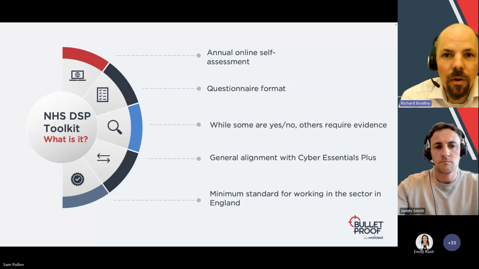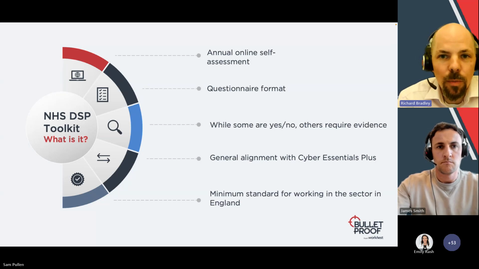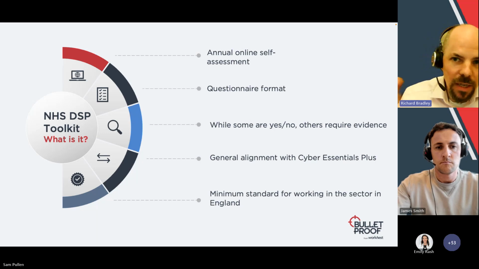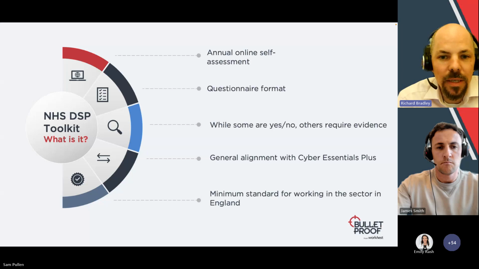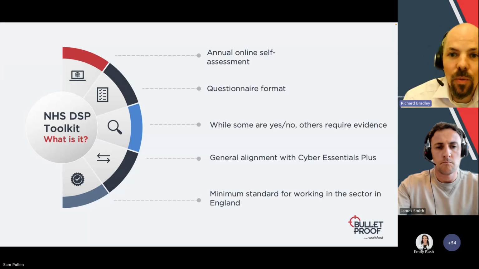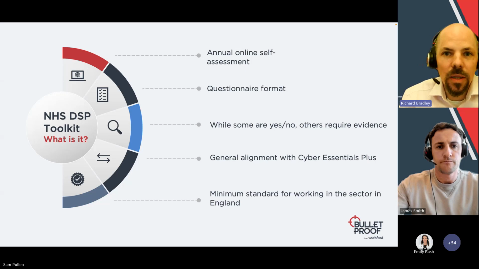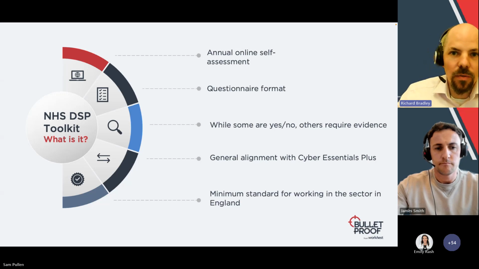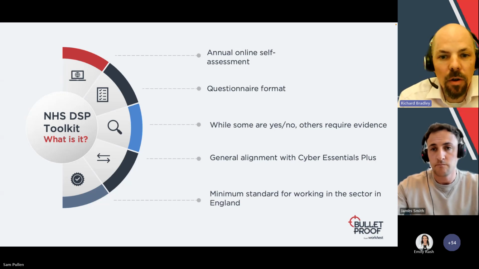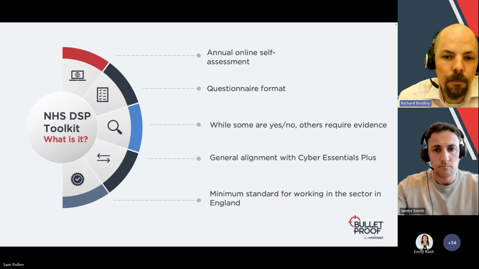The questions vary from a simple yes or no to more in-depth responses which require the upload or provision of links to evidence items. They actually need to provide what the documents are, etc. And the security considerations within it broadly align with Cyber Essentials Plus. That's considered sort of the basic benchmark for this process.